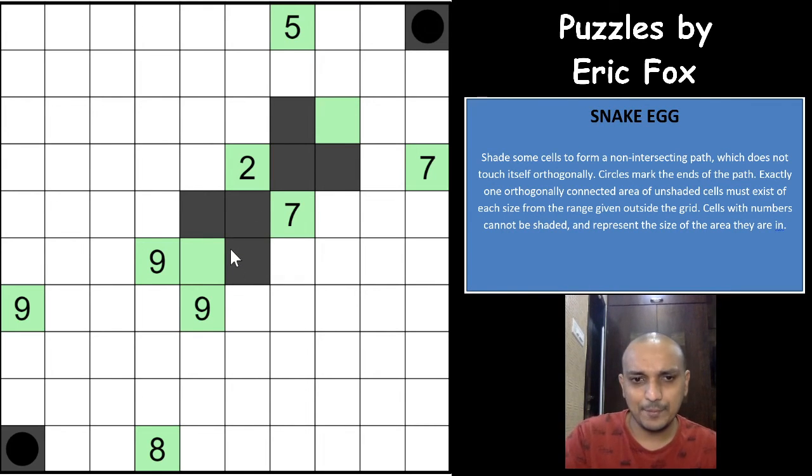Of course there is only one path, so this path will have to go this way, and then it will turn around somewhere and meet this. But if it meets this, this end gets stranded here. Of course this is not a snake end, right? This is not an end path or an end circle here. So this path will have to go this way and move around and touch this.